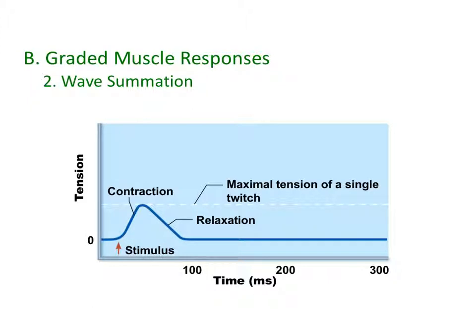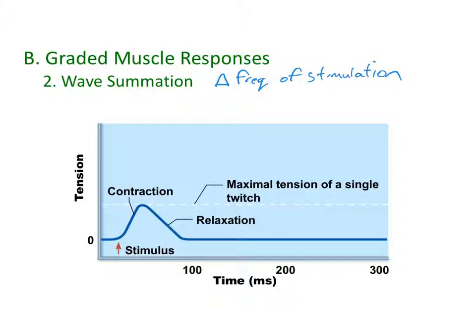A second mechanism that underlies changes in strength and muscle response is called wave summation. And wave summation takes into account changes in frequency of stimulation. So to illustrate this principle, we'll start out with a single stimulus.